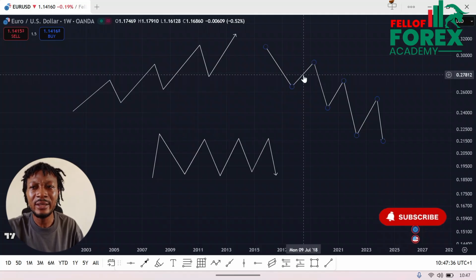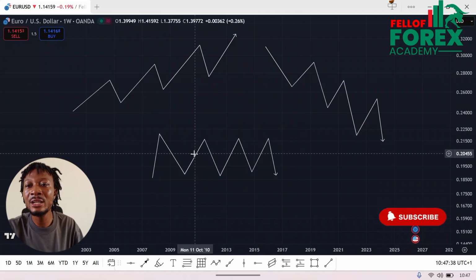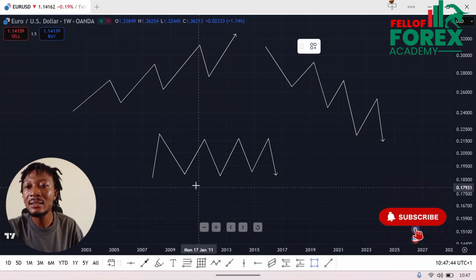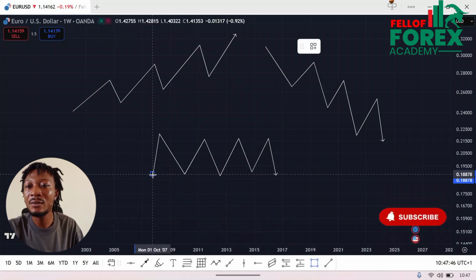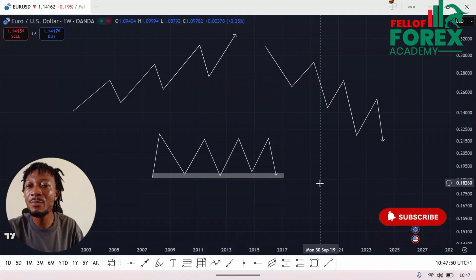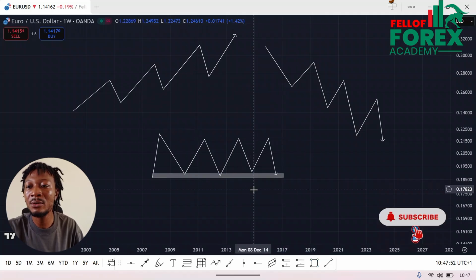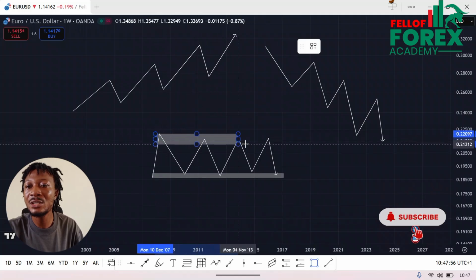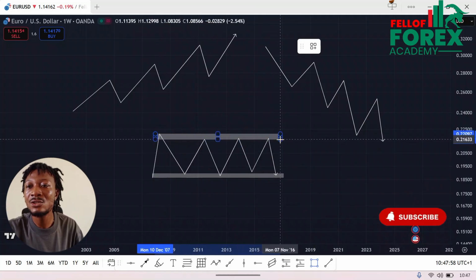Okay? Then in a consolidation trend, you can both buy and sell, because when price is at the lower part of the consolidation trend, we call it a support zone. So we buy from the support and then we sell from the higher part, which is called the resistance zone.